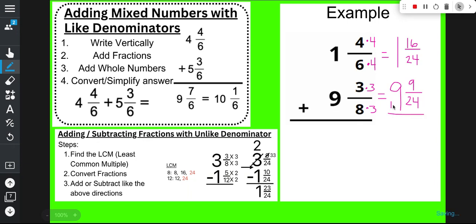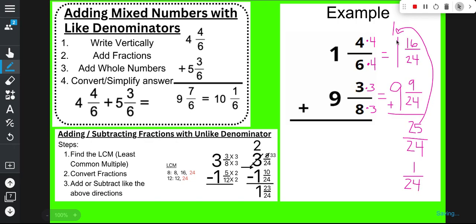Now I can add them together. 9 plus 16 is 25/24. Well, I know that means I have one more whole number. So I'm going to take that one out, and I'm left with 1 out of 24 pieces.